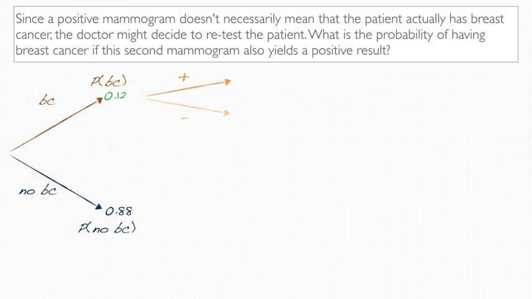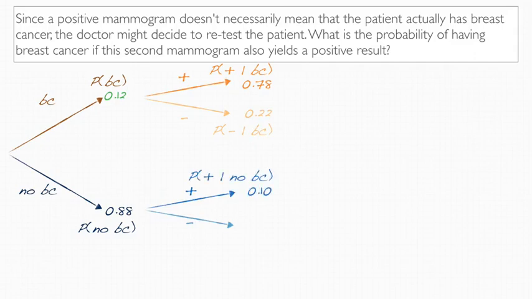Next, we can run through our tree again. Remember, nothing about the test has changed. So the probability of testing positive given a patient has breast cancer is still 78%, and the probability of testing negative given the patient has breast cancer is still 22%. Similarly, with the lower branch, nothing about the test has changed, so the conditional probabilities of testing positive or negative given the patient does not have breast cancer is still 10% and 90% respectively.